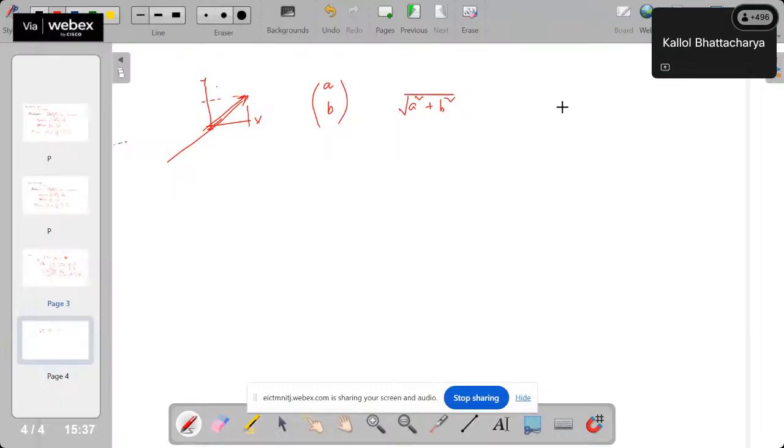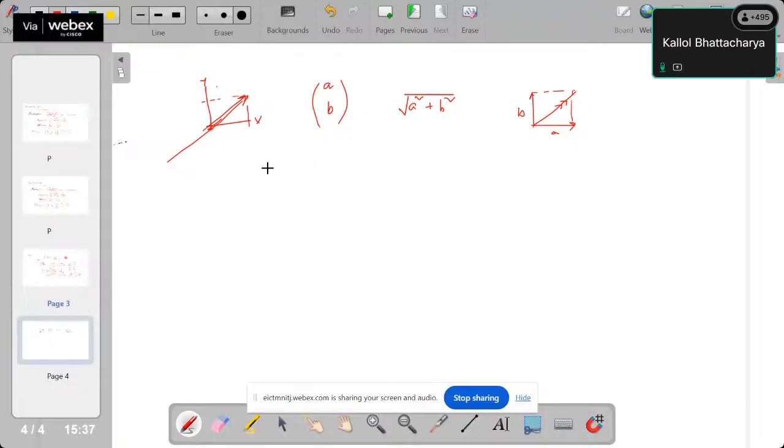Why? Because the x component is A, the y component is B, and the resultant, which represents the actual magnitude of the polarized light, is the root of A squared plus B squared. So this is the magnitude of the electric vector. And remember, in case of linearly polarized light, A and B are in phase.